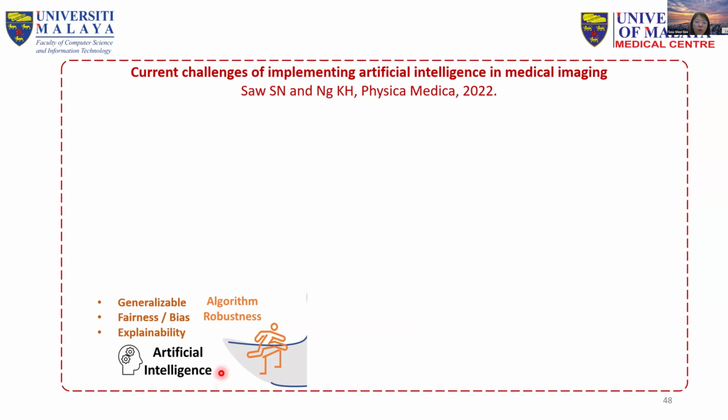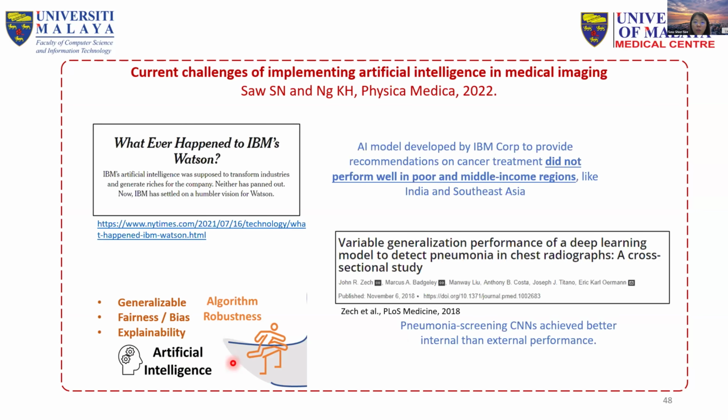First is algorithm robustness, generalizability, fairness, bias, and explainability. Some studies already show that when you train the model using the data set from one hospital and apply it to another hospital, the result drops significantly.